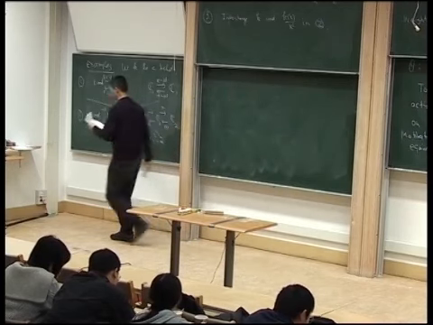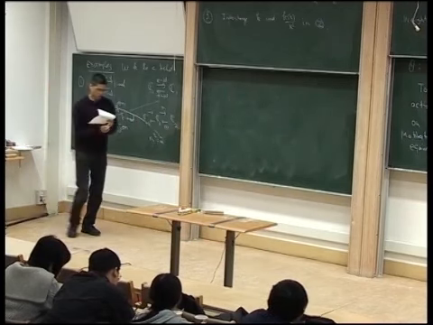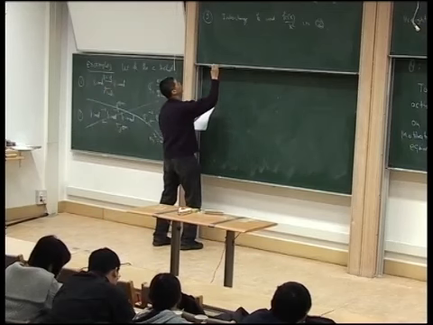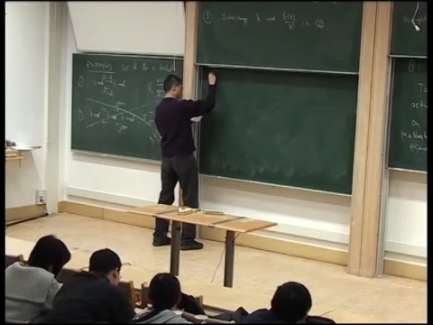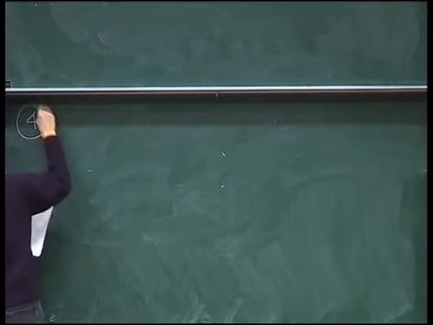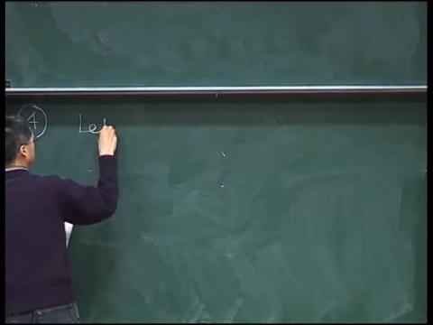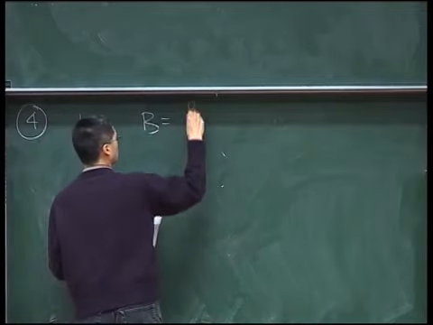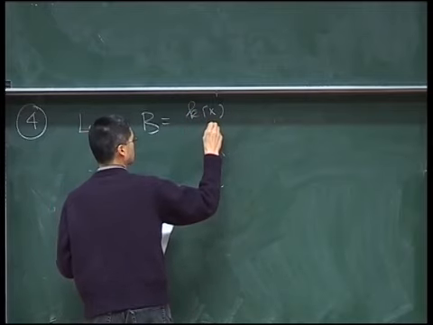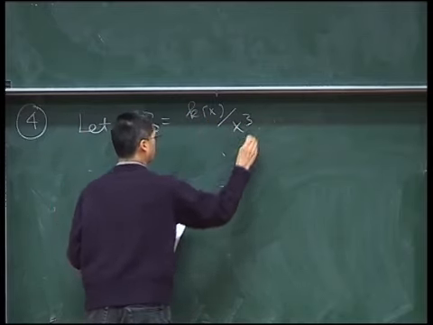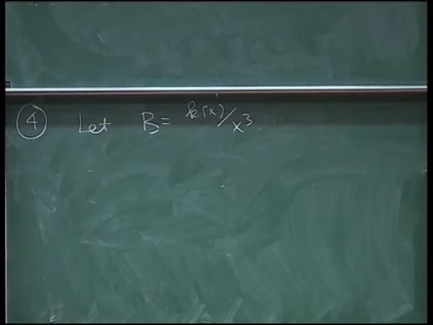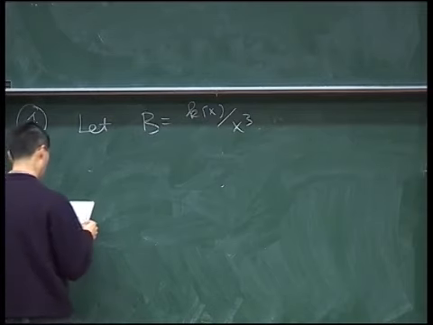Okay, now let me just quickly write up now a 4-dimensional module. Consider k of x modulo x cubed. Okay, later we'll see that there's more sophisticated ways of constructing various representations, but now I'm just trying to do really things by hand.